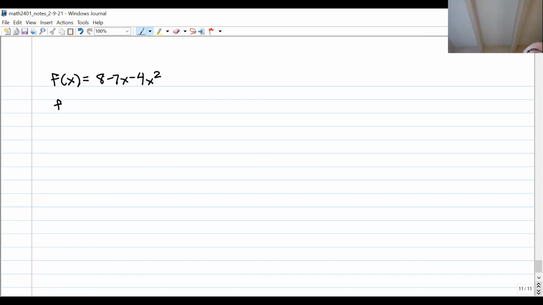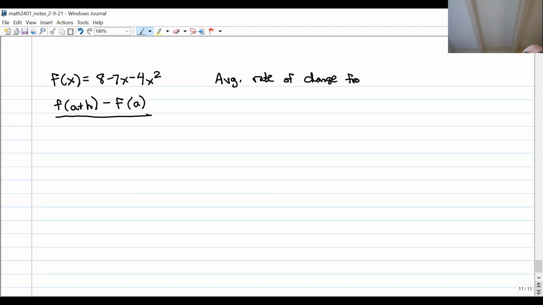And then we want to compute this average rate of change, starting at the input A, which could be any quantity in the domain, and then going over to a little bit bigger than A, that would be A plus H. So this so-called difference quotient that we're computing is really the average rate of change from x equals A to x equals A plus H, a number a little bit bigger than A.